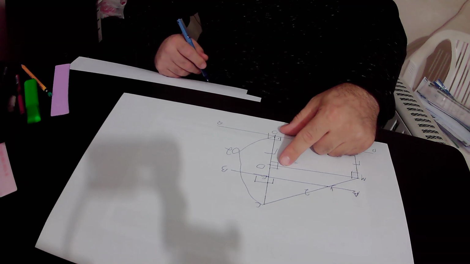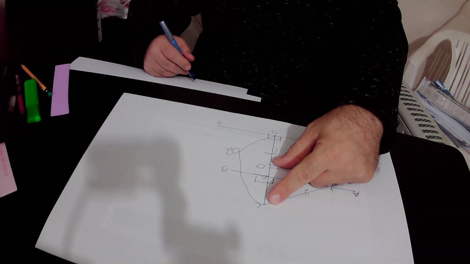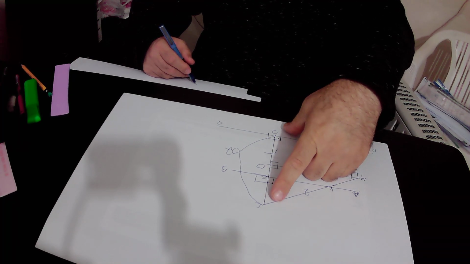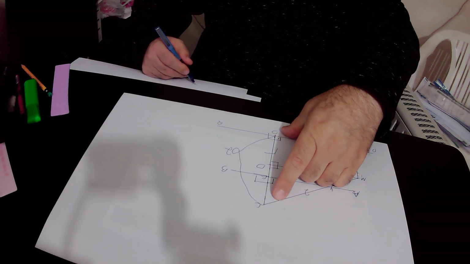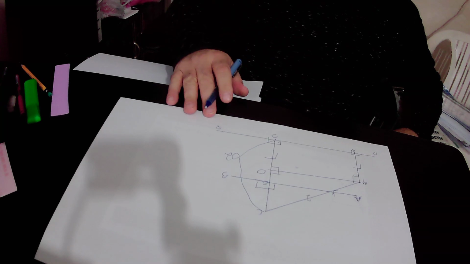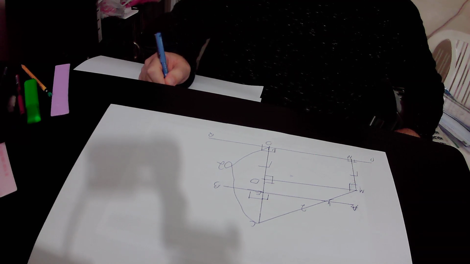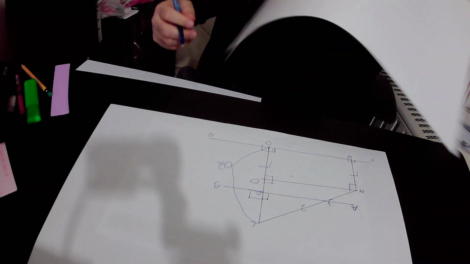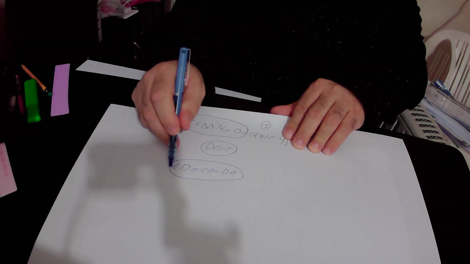And we know that DO equals R. So what is the value of CD? On the drawing you can see that CD equals CO minus DO. I will write it down. CD equals CO minus DO.